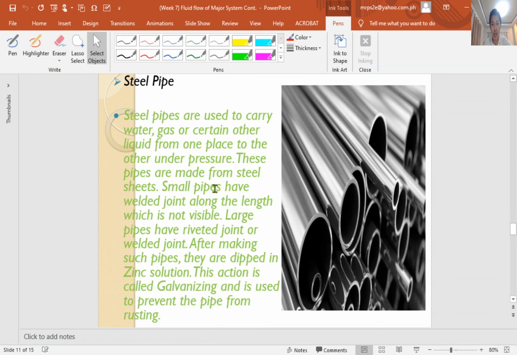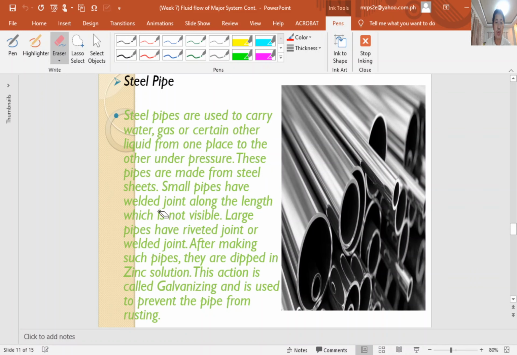Next, we have here the steel pipe. Steel pipes are used to carry water, gas, or certain other liquid from one place to another under pressure. These pipes are made from steel sheets.